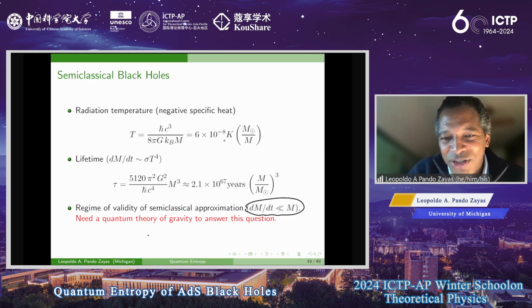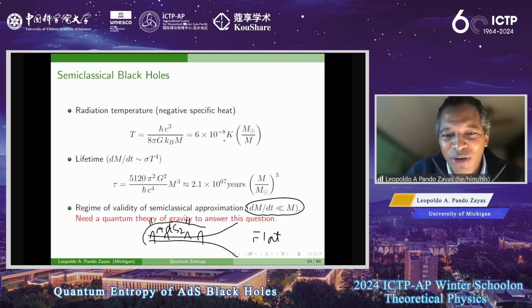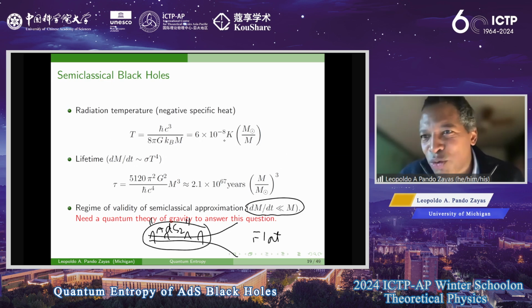These are black holes that have a long throat. This is kind of like AdS2, and then maybe here there's flat space. We have made a lot of progress understanding the quantum theory of fluctuations in this throat. There have been some recent efforts to see how this affects Hawking radiation, and in fact the results are quite interesting.